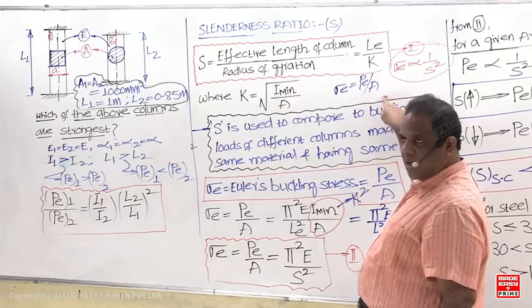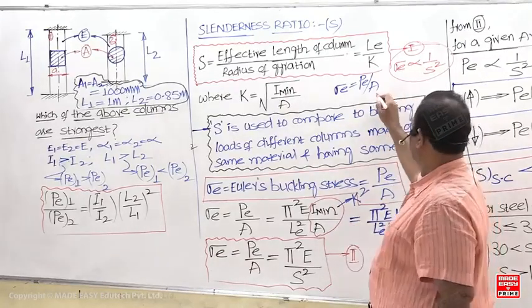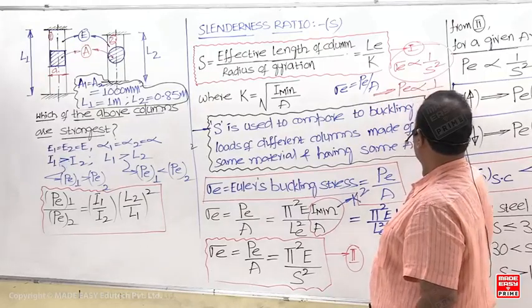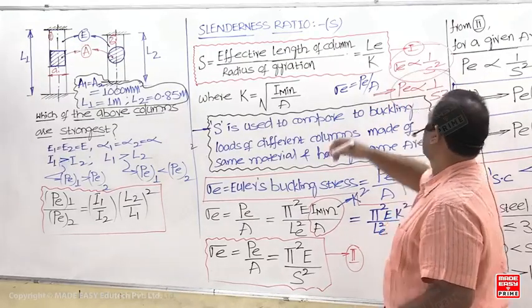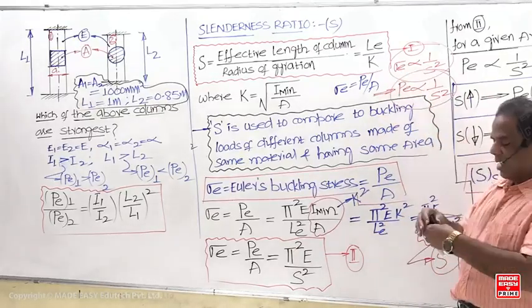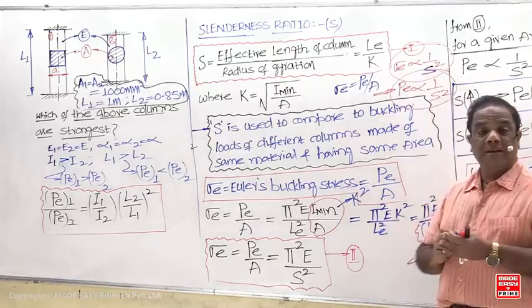But area is also same, and buckling stress is buckling load upon area, so directly the buckling load is inversely proportional to S square. This is valid when material is same.